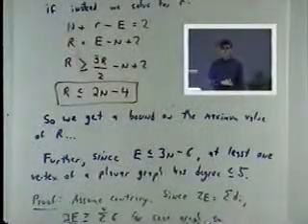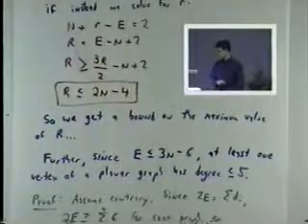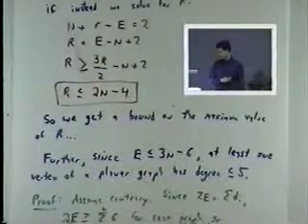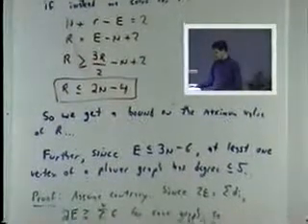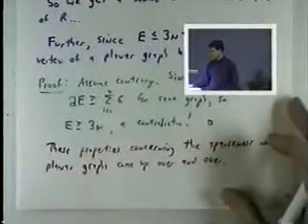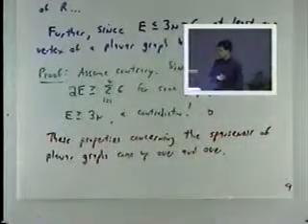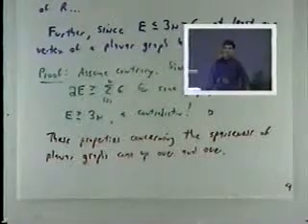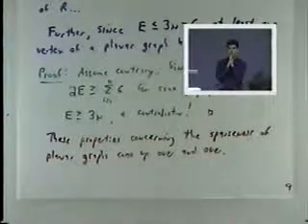Okay, so in the same way we can get a bound on the number of edges in terms of the number of nodes, we could also get a bound on the number of regions in terms of the number of nodes. And now we can actually see something pretty important from this.